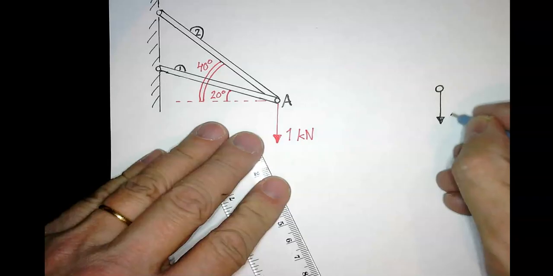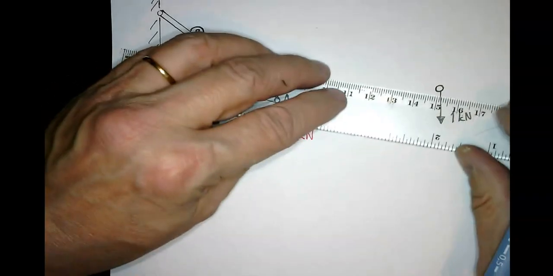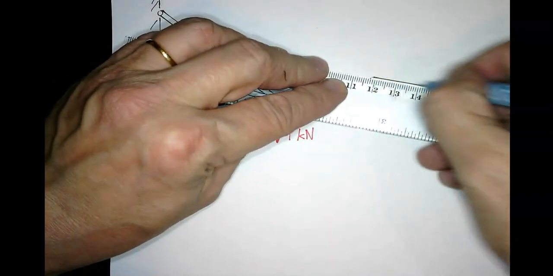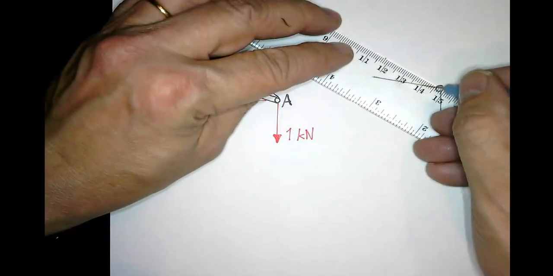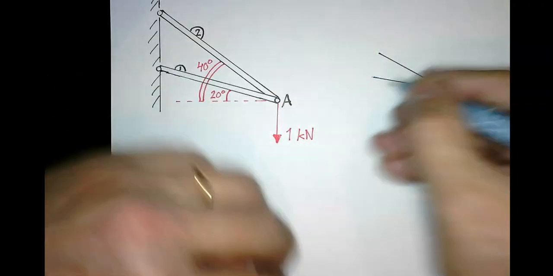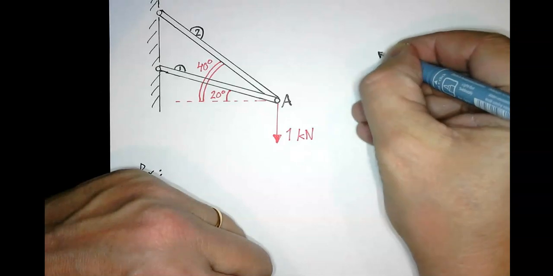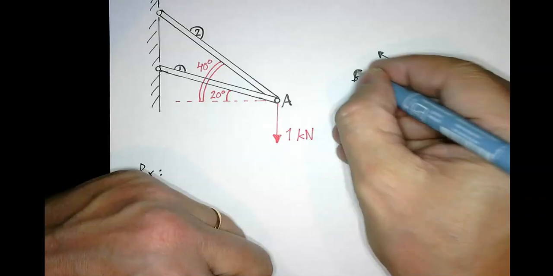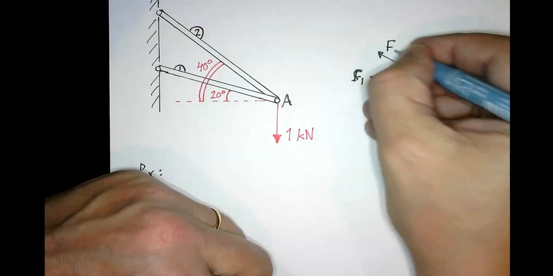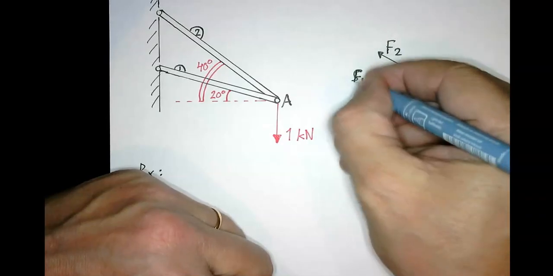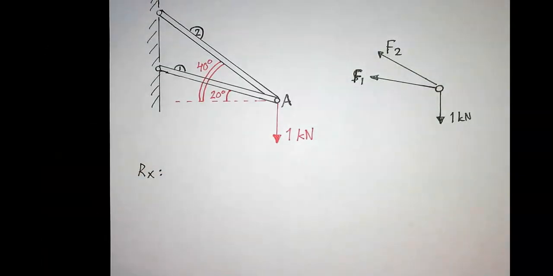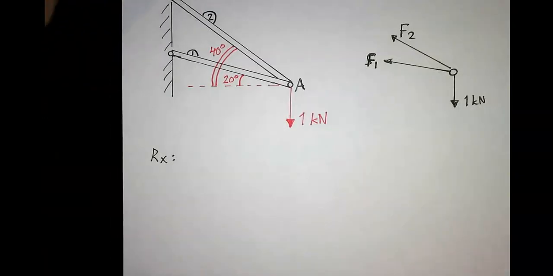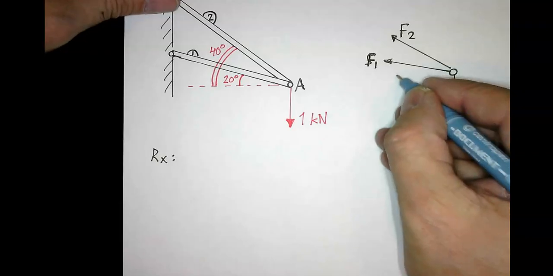Here I have 1 kilonewton, and then I have these 2 forces, F1 and F2, and those angles.